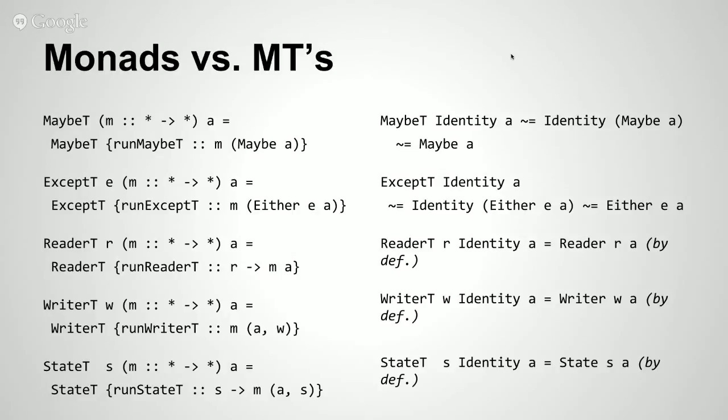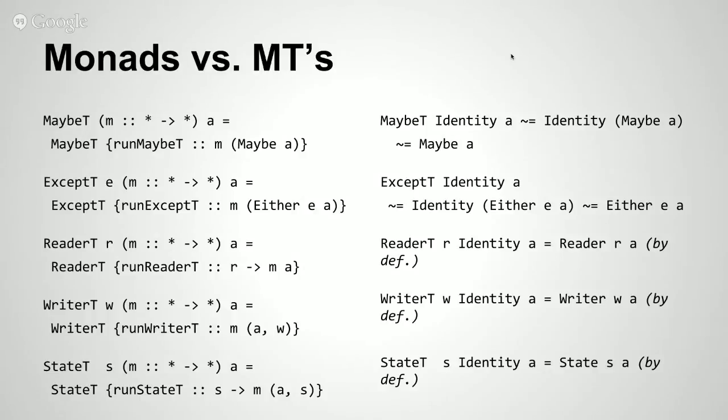A. And you can see the same thing happens with ExceptT, which is for Either, where the left case represents error. Now, by definition, the actual Reader and Writer and State monads are ReaderT, WriterT, and StateT applied to the Identity.